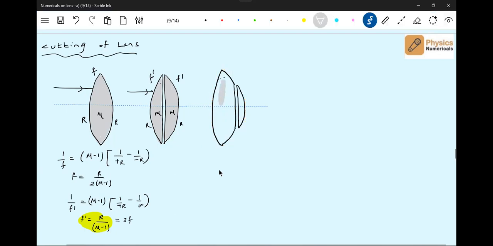You can see this. Still the focal length will be f dash and f dash. Where you are going to cut this lens, either here or here or here, it doesn't matter, sir. Of course, this part will have focal length f, and this part will have a different one.